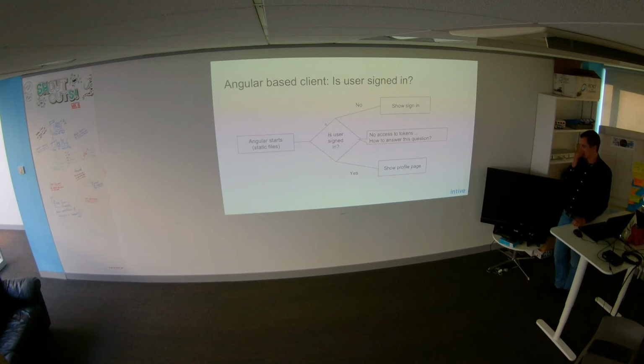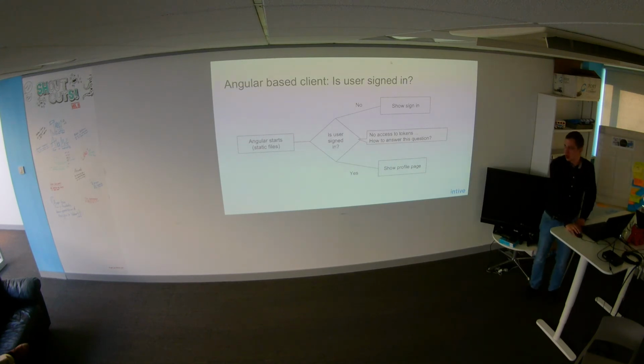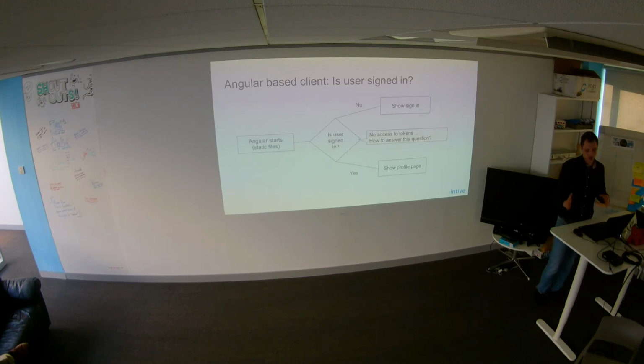Now, another interesting thing that's maybe not typical, not known for a PHP developer. I didn't know it and had to figure it out myself. If you start doing an Angular application that's using PHP just as an API, there's no first call. In an old web page-based application, the whole HTML is just returned, so immediately the server knows whether you are signed in or not, and sends you the signed-in page or the sign-in page.